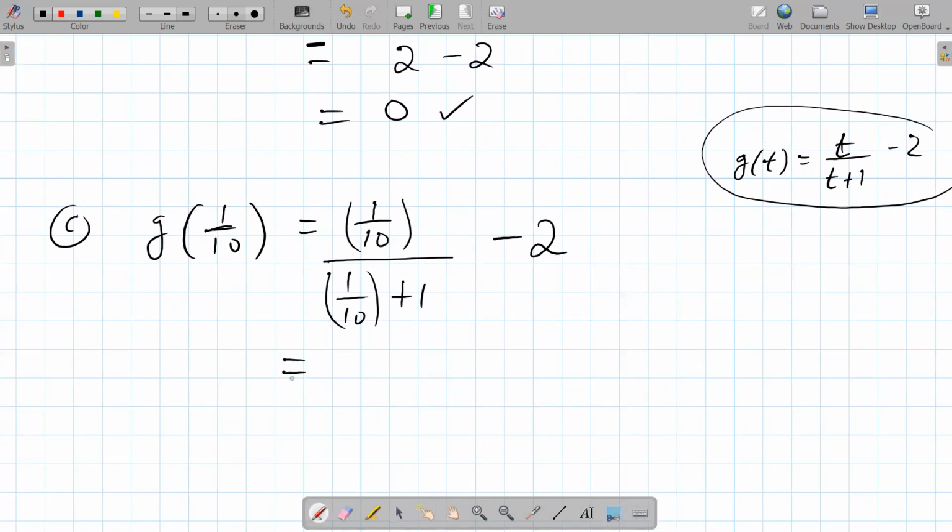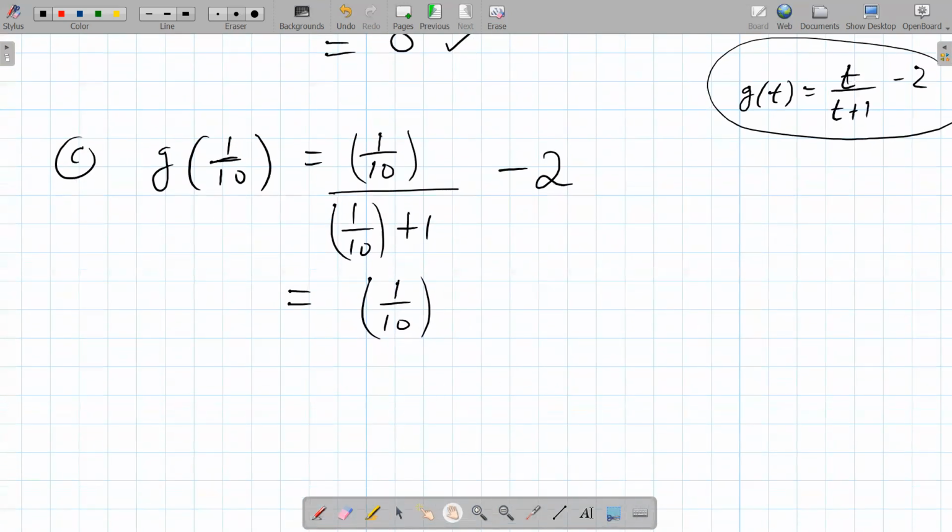Look at it carefully. This looks a little bit cumbersome, but it is still doable. You've got to be patient with it. Mostly this is what we call a complex fraction, so you want to look at it carefully. I'm going to go step by step. 1 over 10, that's for the numerator.